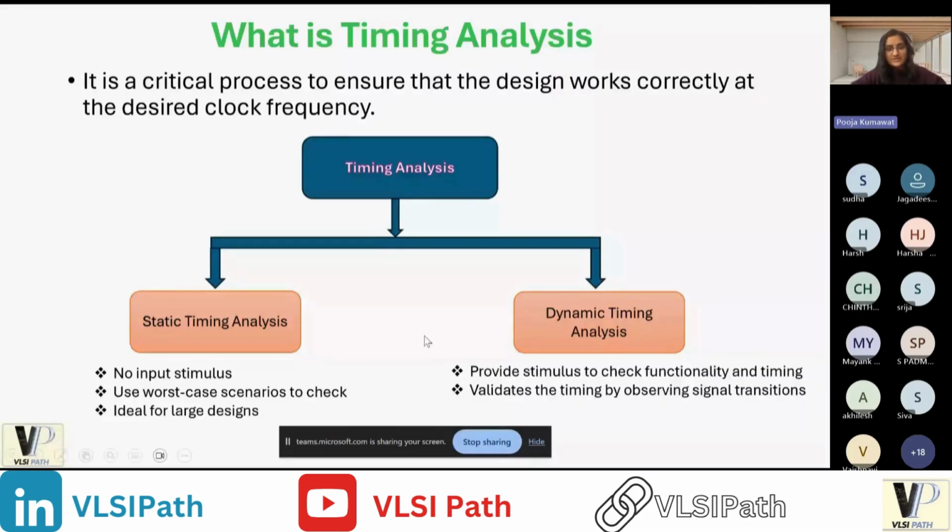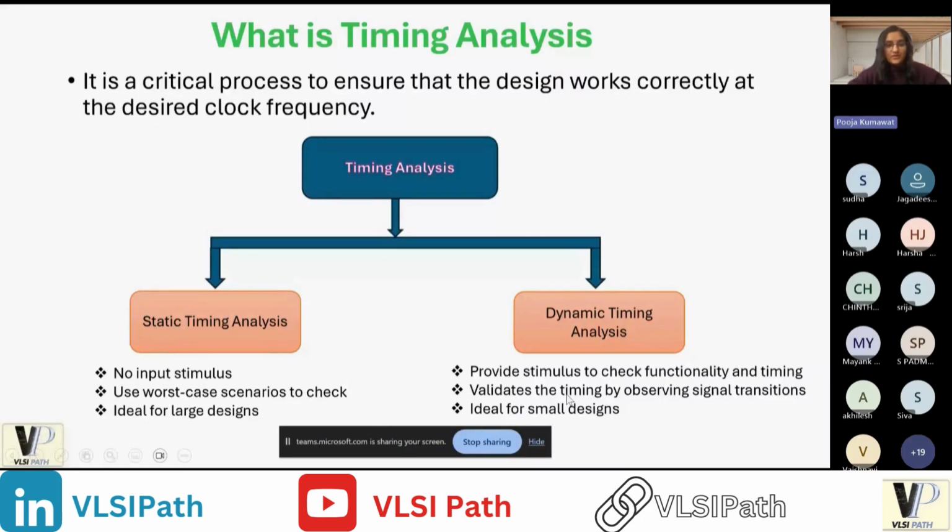So having the input test vectors in such a way which will cover all the input sets, and then optimize the delay for those, it will take years and years, and we do not have that much time. So STA is a good choice for complex, large designs, and DTA is good for small designs like the IPs, where we can perform this.